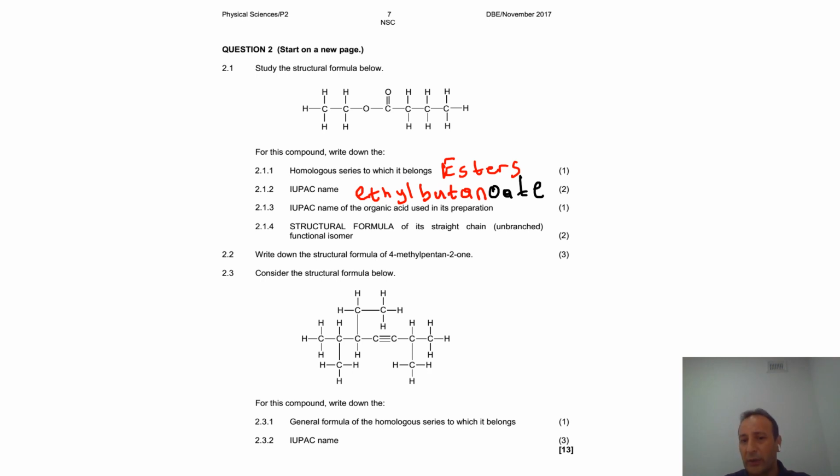An ester molecule is obtained when a carboxylic acid reacts with an alcohol. When an alcohol and a carboxylic acid react, they form an ester. As we obtain an ester molecule, we call this reaction esterification.